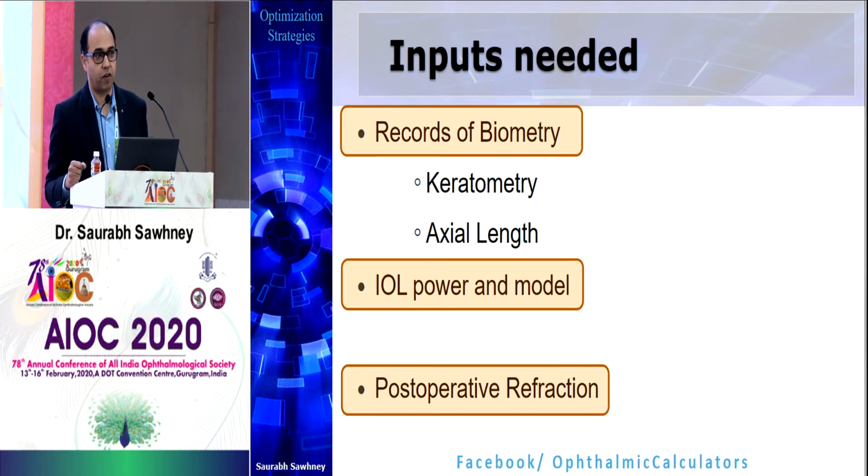You cannot do a refraction at 5 days or a week because that's going to change. So the minimum recommended would be maybe about 3 to 4 weeks, and a good refraction, because if there's a lot of variability in your post-op refractions, for example if you leave it to an optometrist who is not a professional and makes mistakes, then you might get a lot of variability in your IOL power optimization process as well, which will defeat the whole purpose.